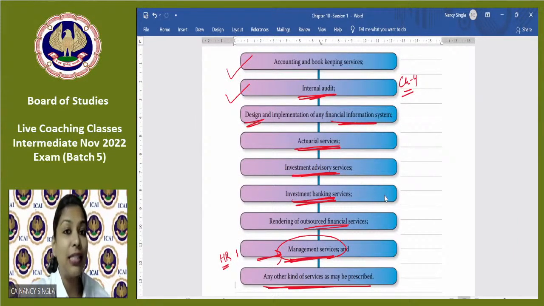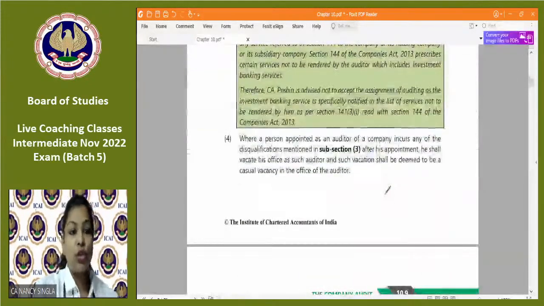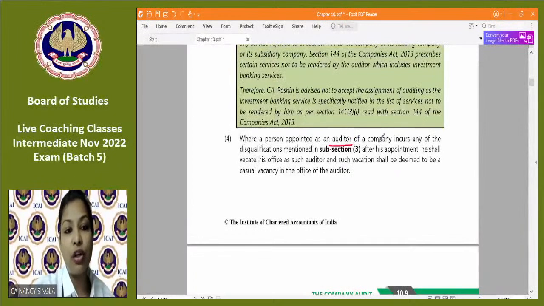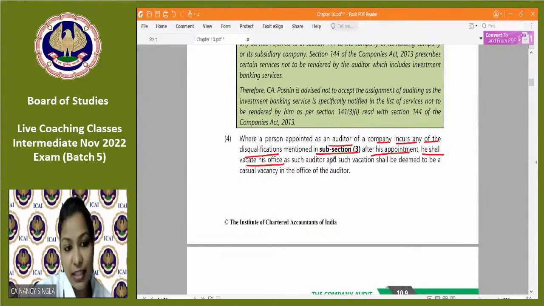ठीक है. So where is this given? It is given in the last subsection of this section, that is subsection 4. So it says where a person appointed as an auditor of a company incurs any of the disqualifications mentioned in subsection 3 after his appointment हो गया था. देखो इसको दो तरीके से समझ सकते हो ना, that when the person is to be appointed as an auditor, तो he'll see कि ऐसा तो नहीं है, ऐसा तो नहीं है, and if he has already been appointed, then also he'll keep on checking ना कि मैं disqualified तो नहीं हूँ, and if at all it happens, then he shall vacate his office as such auditor.